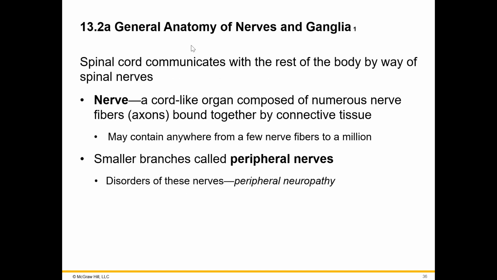Okay, now when we look at the nerve and the ganglia, the spinal cord communicates with the rest of the body through the spinal nerves.